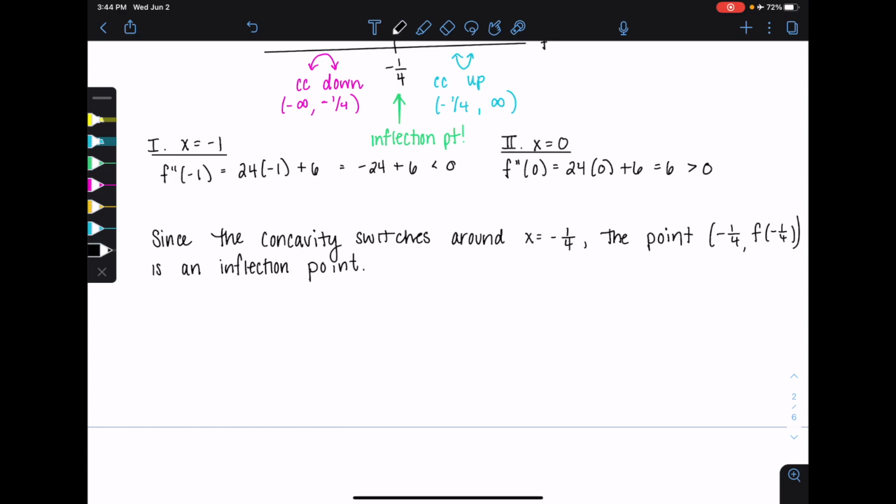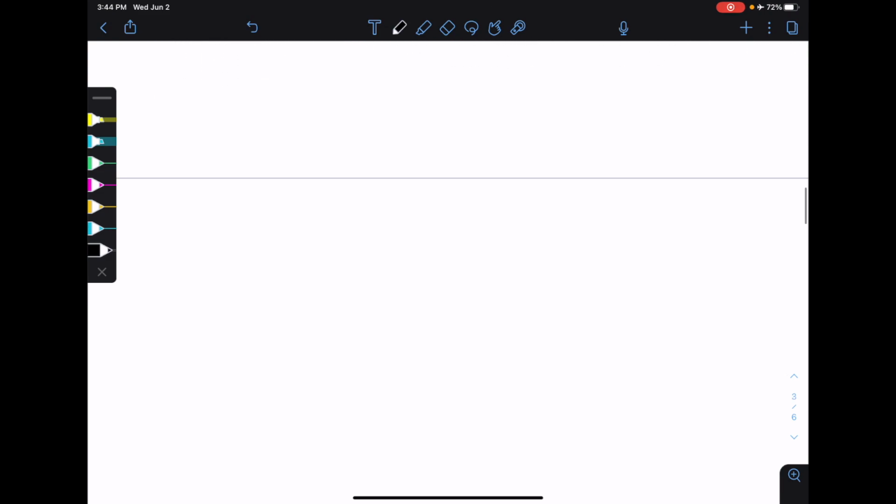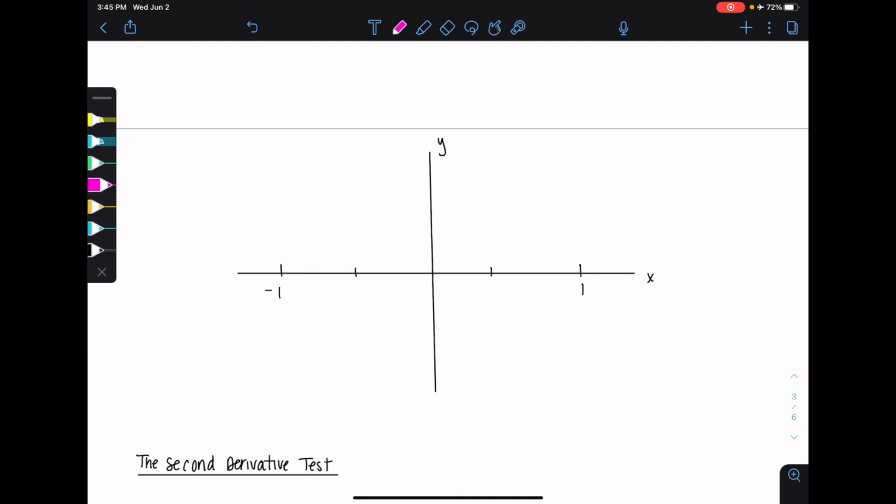Okay. And then we can use all the pieces of information that we have to get a decent graph of this. So if you go back and take a look through our video about increasing and decreasing, you remember negative 1 and 1/2 were our local max and min values, and we found other pieces corresponding to it.